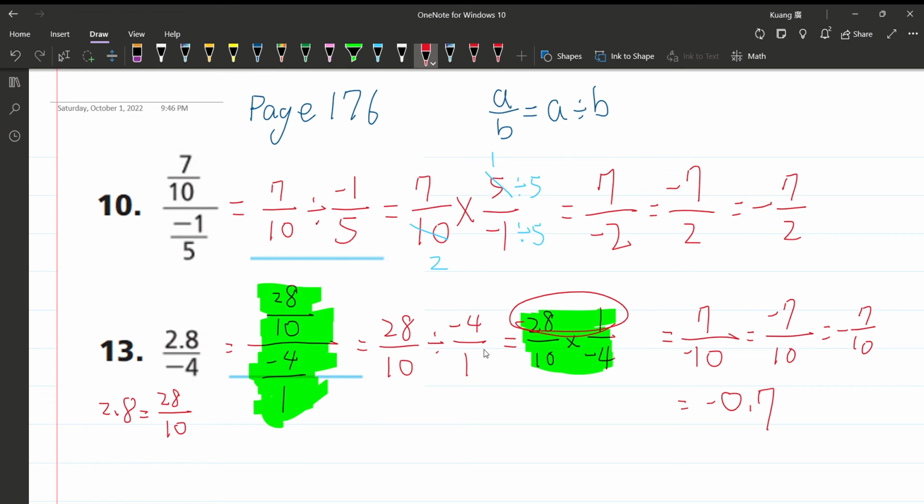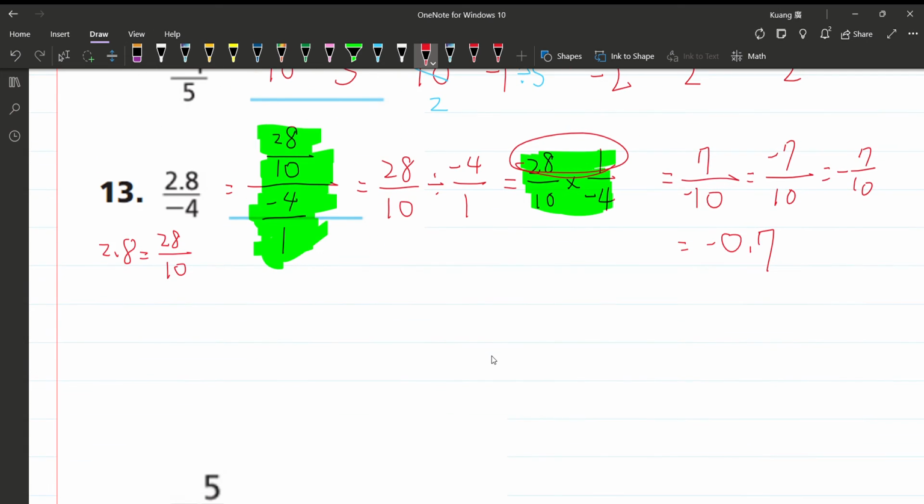So that's why I say when you see a over b over c over d, that equals: the denominator is the product of the inside two numbers, so b times c. In the top, the numerator is the product of the outside, so it will be a times d. So this is a faster way.